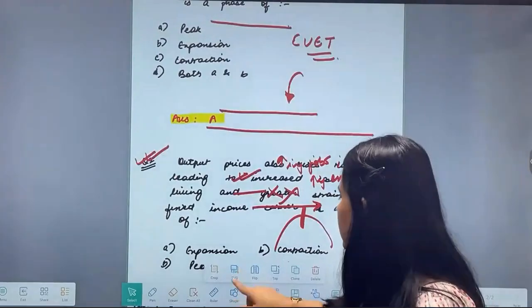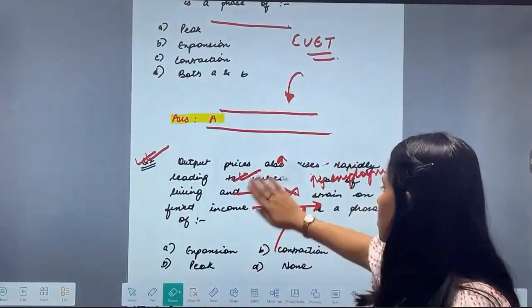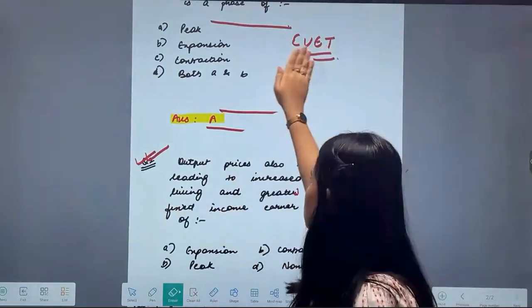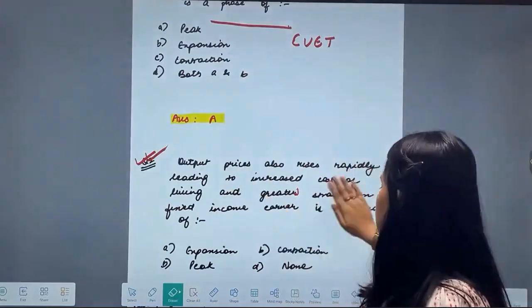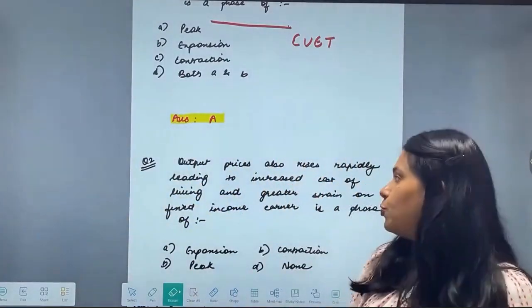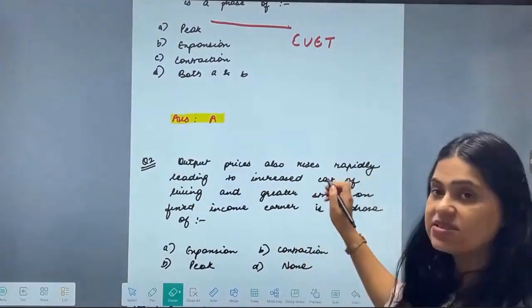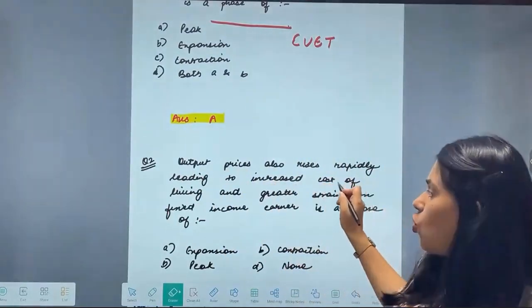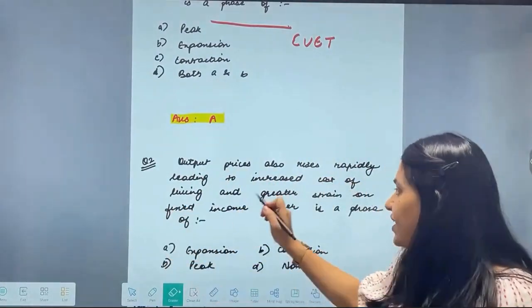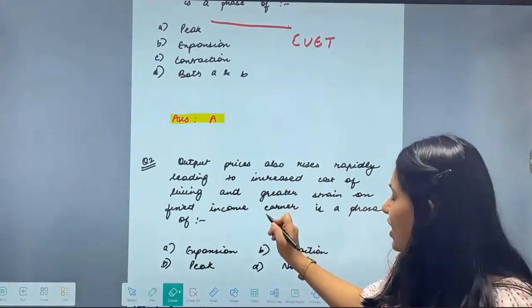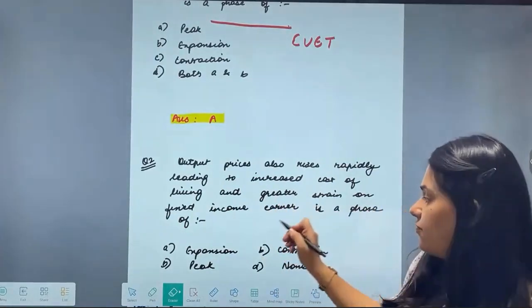I hope you are able to see the question completely. So try to answer this question now. The question says the following. It says output prices also rise rapidly, leading to increased cost of living and greater strain on fixed income earners, is a phase of.